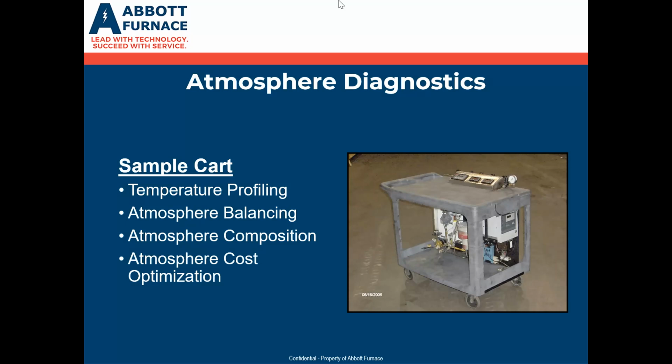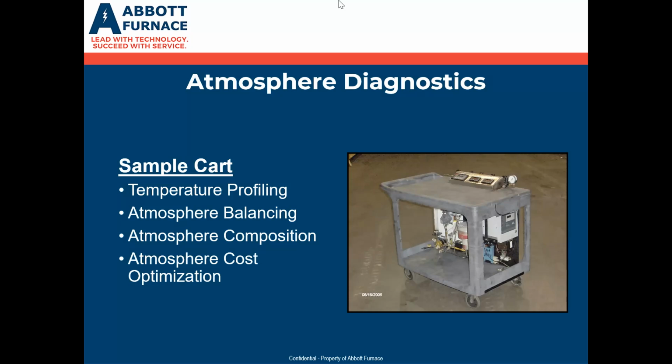We talk about having the hydrogen up in the front of the furnace, in the heated area of the furnace, to help with those oxide reductions and delubrication and removing those lubricants from the furnace. We'll hook these up, and this is where we'll look at the atmosphere balance to make sure that we have the correct amount of hydrogen in the front of the furnace, and that we don't have air leaks coming in from the front door or the back door of the furnace.